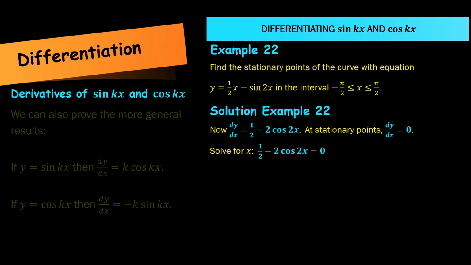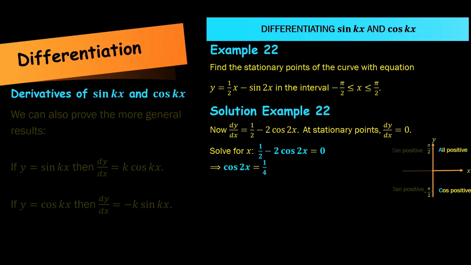As we can see from the cast diagram, cos is positive in the first and the fourth quadrants. So 2x equals 1.318 from our calculator in the first quadrant, as shown here.